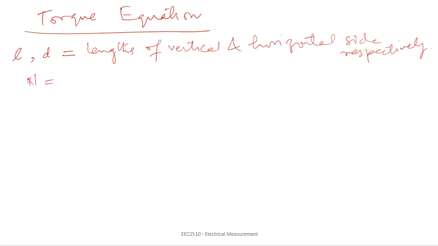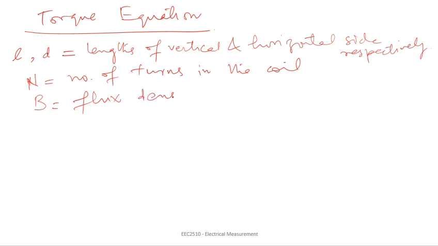This capital N represents the number of turns in the coil. B represents the flux density in the air gap.